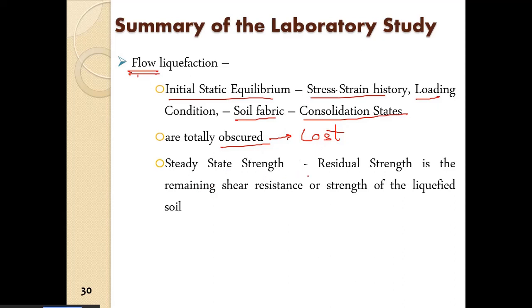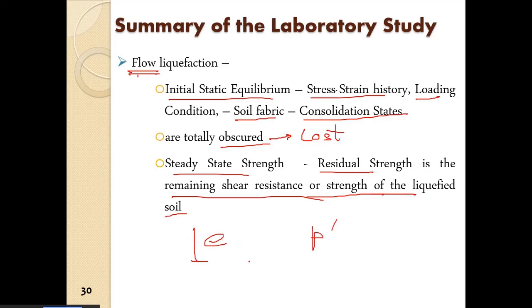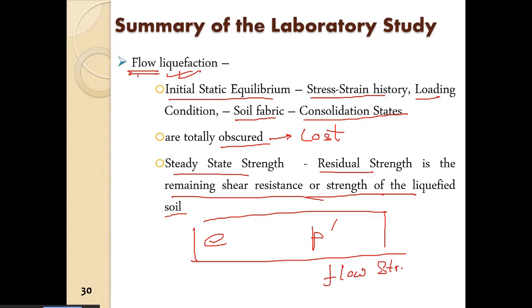And the steady state strength or the residual strength, so in different books you will find different versions of the same parameter, is only the remaining shear strength or the shear resistance of the liquefied soil, and ultimately only two criteria remain, that is the void ratio and the effective confinement. So all other parameters are lost in flow liquefaction, and there is a flow structure developed. In fact we have discussed all of this in detail, so this is just a summary.